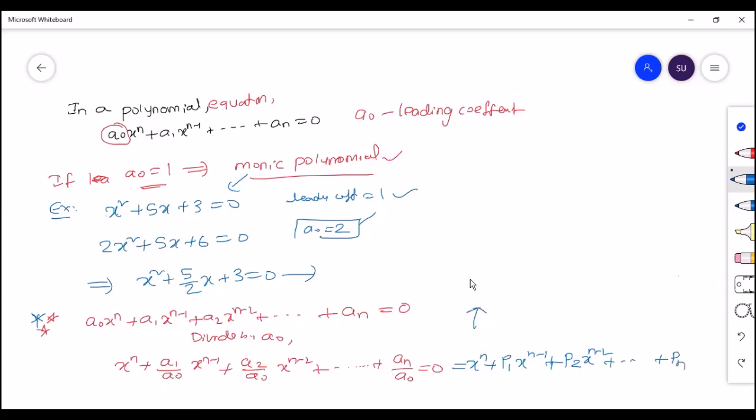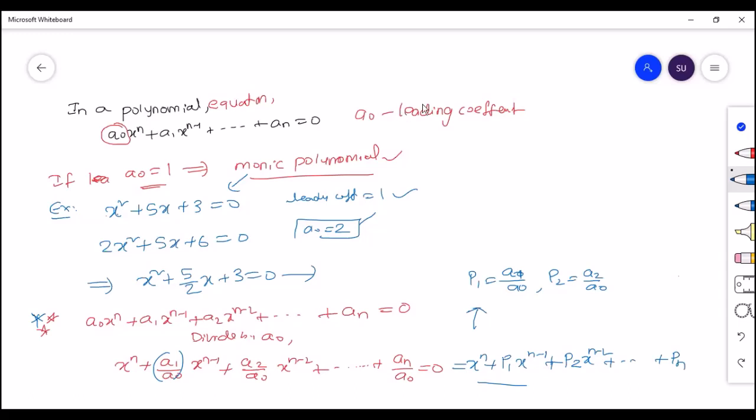Here p1 is nothing but a1 by a0, and p2 is equal to a2 by a0. In order to simplify the problems and get the answer easily, from now onwards we will use this monic polynomial, x power n plus p1 x power n minus 1 plus p2 x power n minus 2.